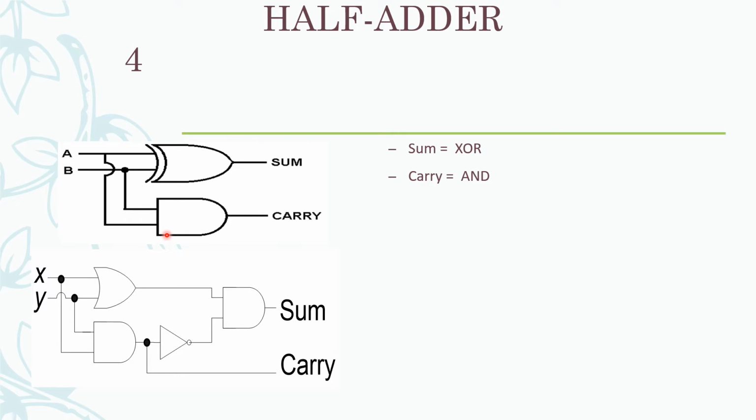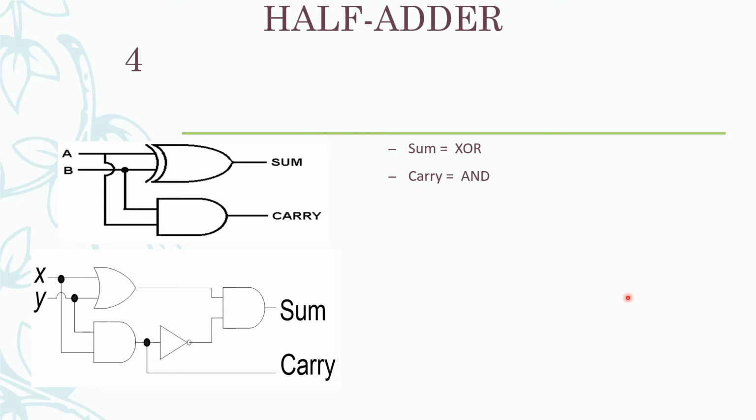Thus, when voltage is applied to the A input of the XOR gate, the A input to the AND gate receives the same voltage. The sum of the two bits is given by the XOR gate, and the carry is given by the AND gate. Okay.